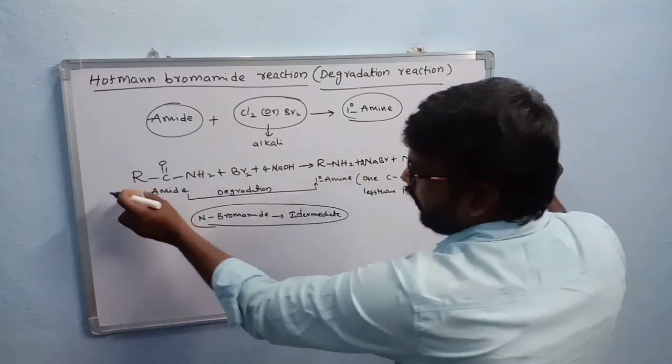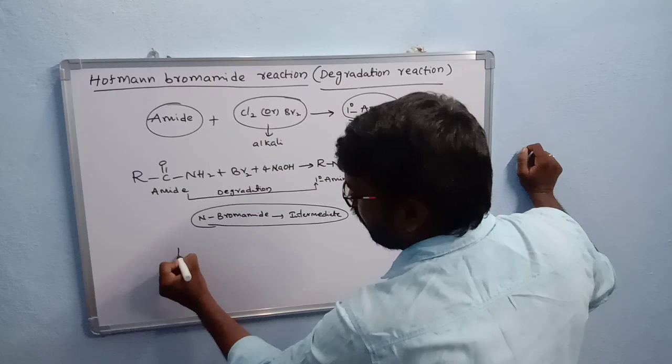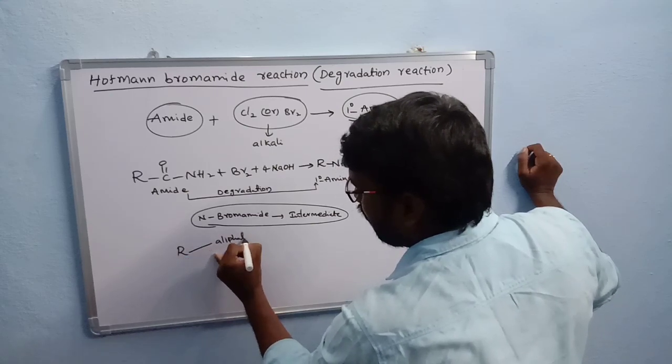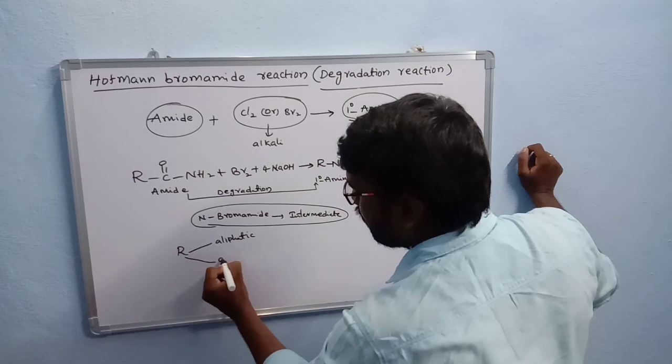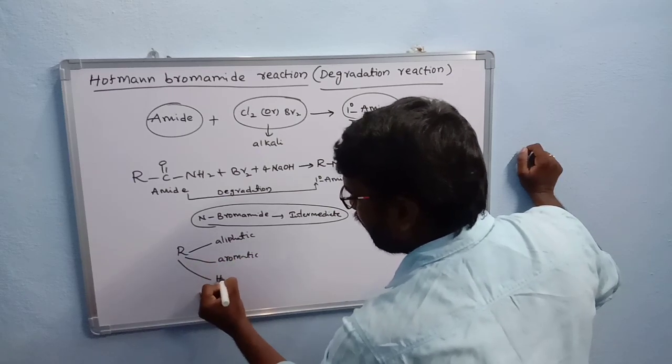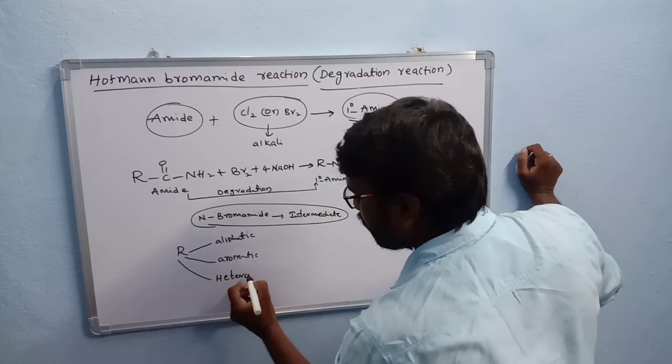Okay, now we see here we take R. In place of R we can take an aliphatic compound, an aromatic compound, or a heterocyclic compound.